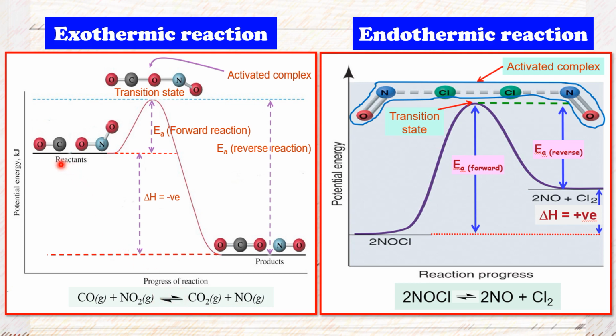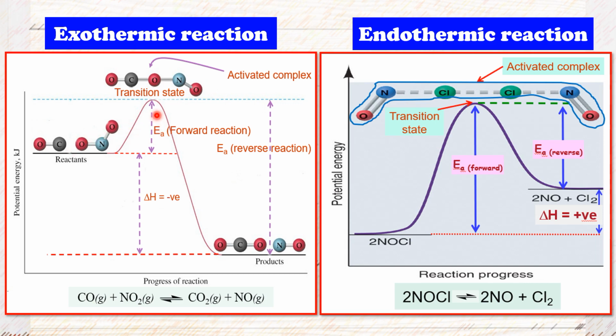Alright. So, we can see for the exothermic reaction, the potential energy for the reactant is higher compared to the product. As the reaction proceeds, the reactant should have at least this minimum energy to initiate the reaction to occur. If the reactant achieves the minimum energy, which refers to the EA here is referred to the forward reaction, which means from the reactant produce product.